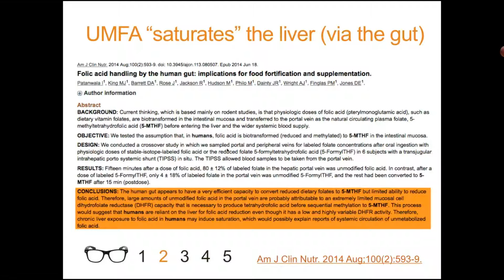So when you've got an influx of synthetic folic acid going into the gut, it can actually saturate those receptors, blocking the absorption of dietary folate and blocking the conversion from synthetic folic acid to 5-MTHF.